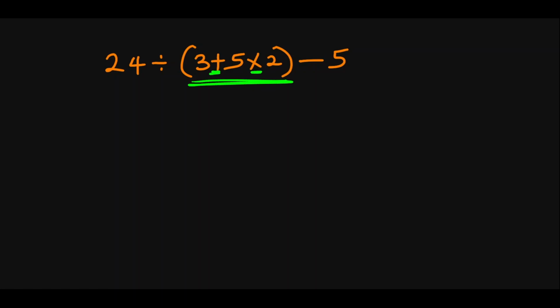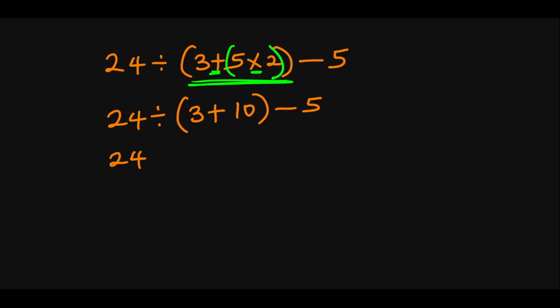All the operators are from different families, so it means that you need to do 5 times 2 first before you now add 3. So if we do that, this gives us 24 divided by bracket open 3 plus 5 times 2 is 10, then minus 5. So this now gives us 24 divided by, we solve the bracket again, 3 plus 10 is 13 minus 5.